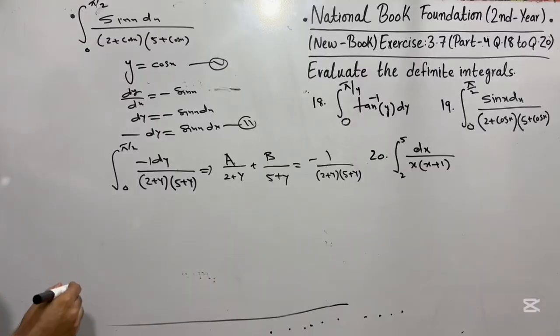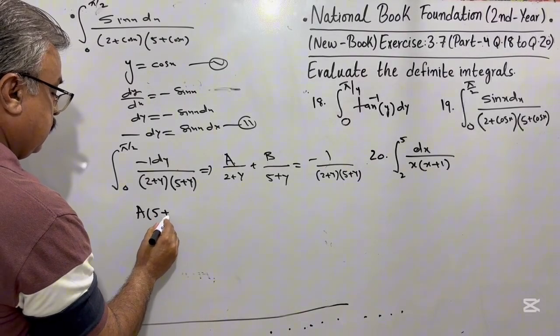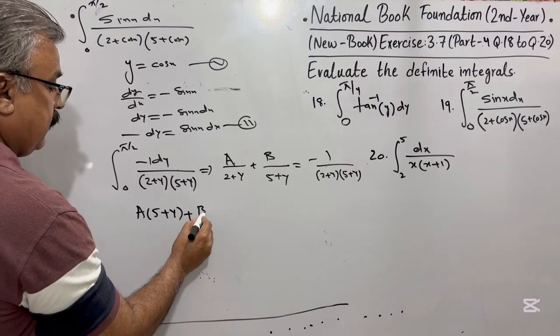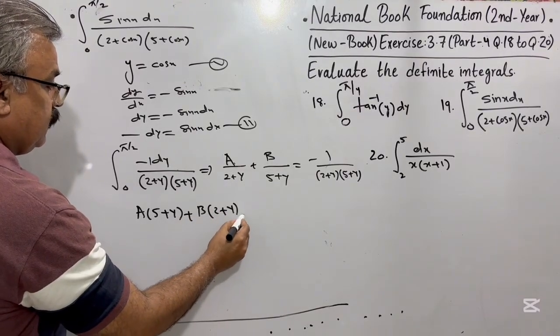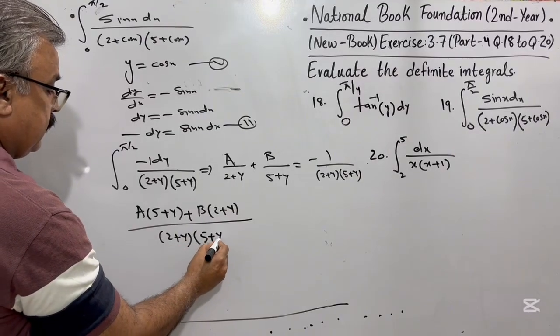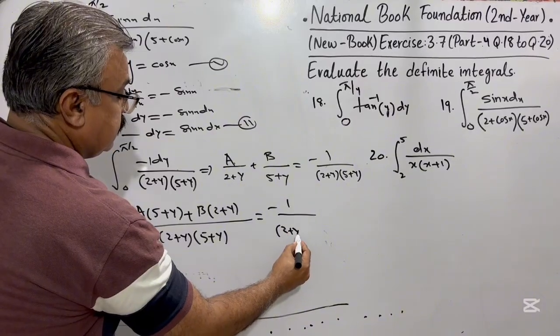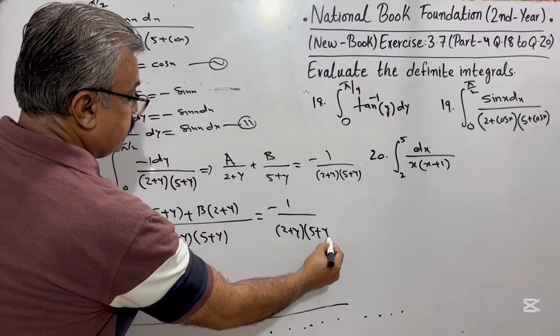Okay, taking LCM, we have A times (5 plus y), B times (2 plus y), and the denominator is (2 plus y)(5 plus y), equal to minus 1 over (2 plus y)(5 plus y).